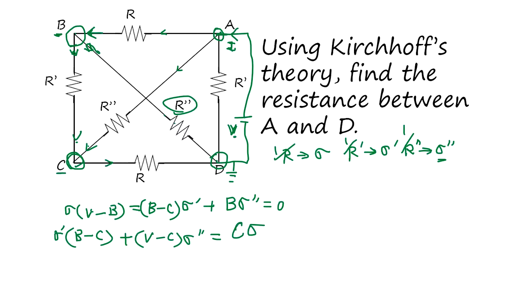So we can solve this for B and C in terms of V, right? The strategy is, once we know this voltage, then we can find out this current flowing out. The total current is going to be this current. So we get a relationship with I, then we get the total resistance R.